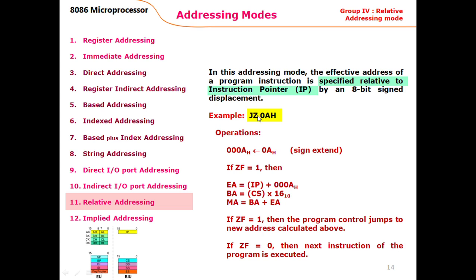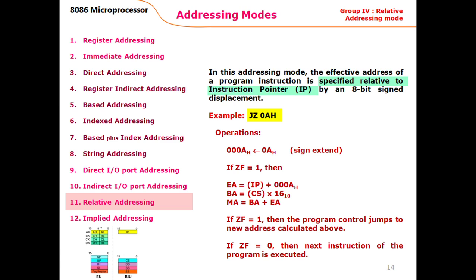For example, JZ 0AH. This instruction is jump if zero to this relative location. This is actually a displacement relative to the instruction pointer. So this instruction guides the microprocessor to jump to a location inside the code segment, and that location is relative to the current content of the instruction pointer.